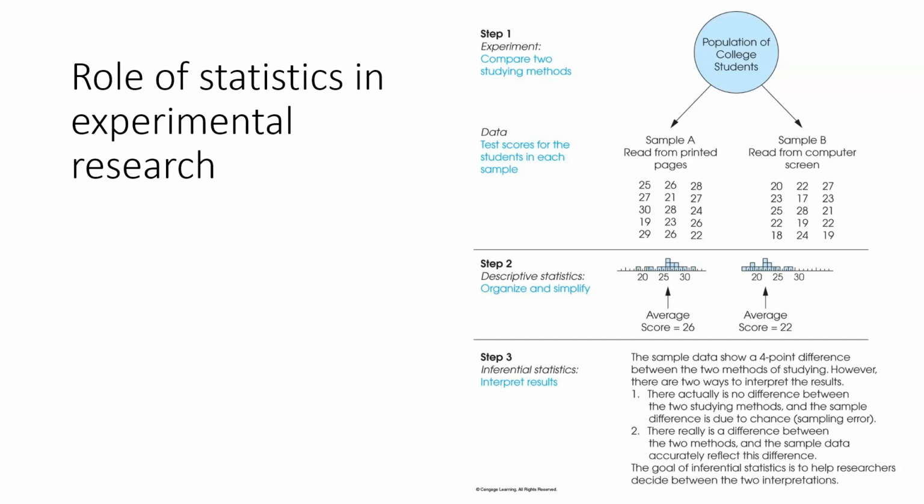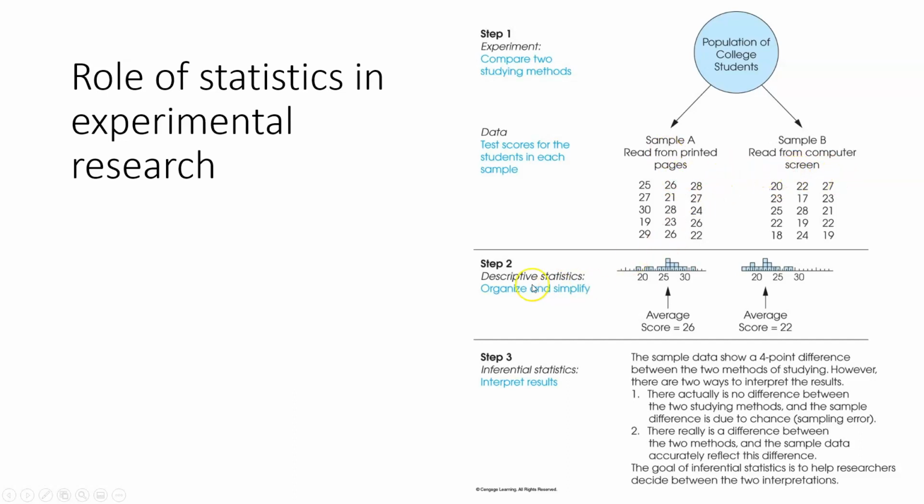If you were to take the students at Central Washington University and draw a sample of just 15 students and have them read from printed pages, and have another group of 15 students, another sample, read from a computer screen, this would be a typical experiment.